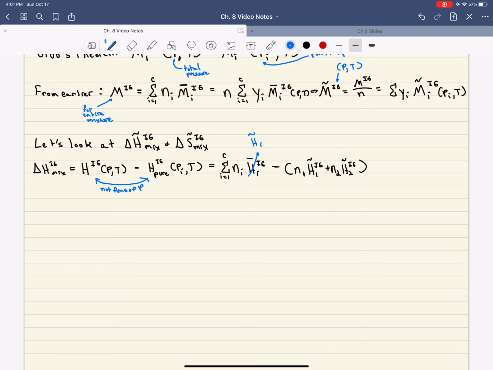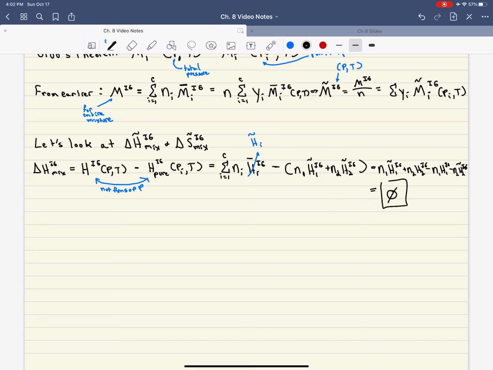And so what we would get is just N1 H1 of the ideal gas plus N2 H2 of the ideal gas minus N1 H1 of the ideal gas minus N2 H2 of the ideal gas. And so suffice to say, essentially, the delta H mix for an ideal gas is going to be equal to 0.